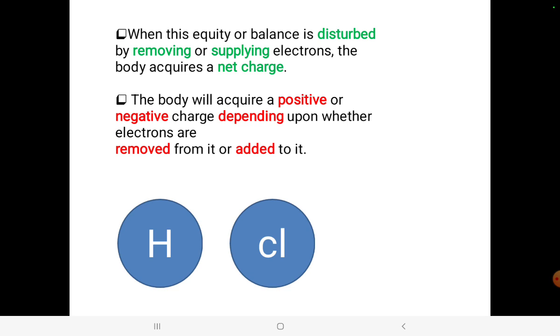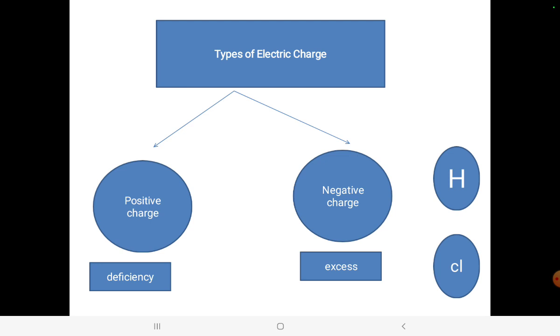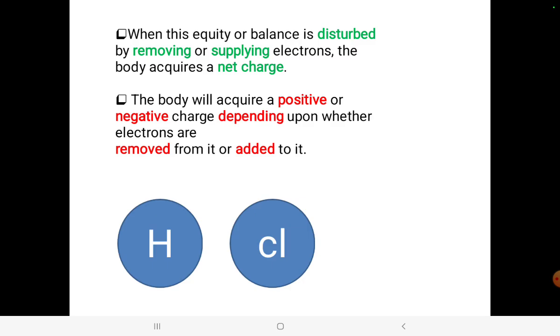Already we know from your previous class, and I think that is in the next slide, okay, see, this hydrogen atom will lose an electron. That means it gives one electron to the chlorine, so it donates. Removal of an electron means removal of some negative charge, so it acquires a net positive charge.